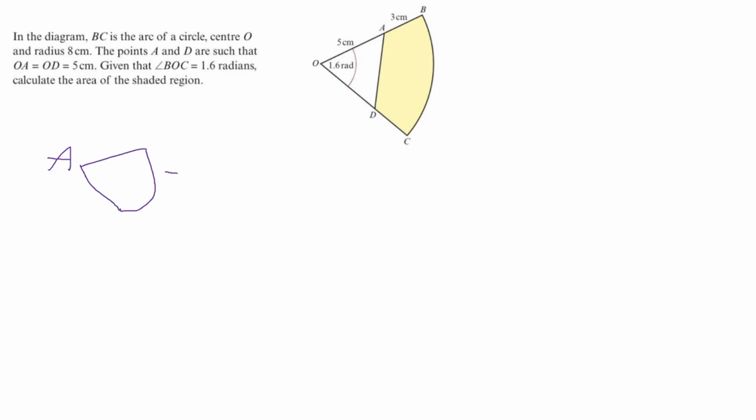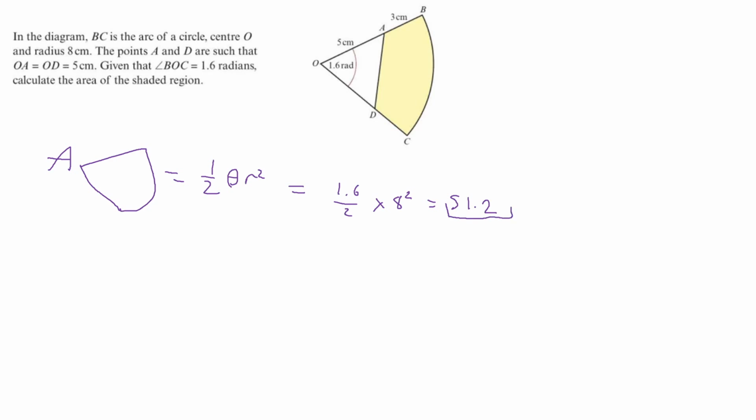The area of the entire thing is going to be a half theta radius squared. Yeah? So that's just equal to 1.6 over 2 times 8 squared, which is the same as 51.2, okay? So the entire thing is 51.2.